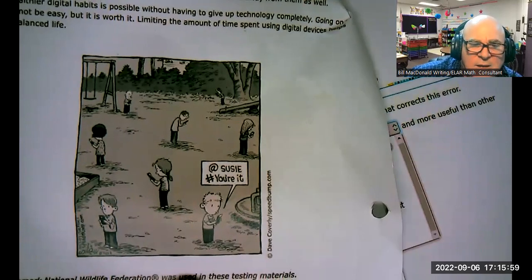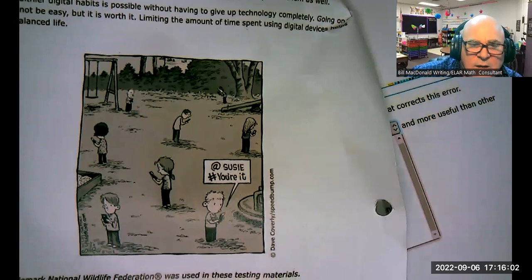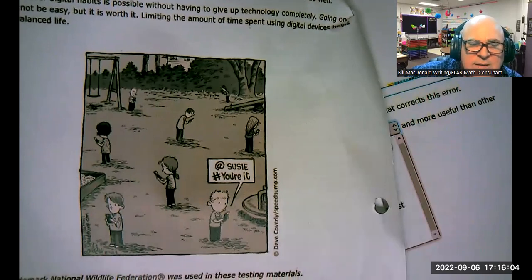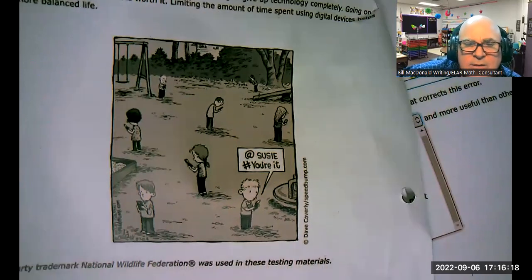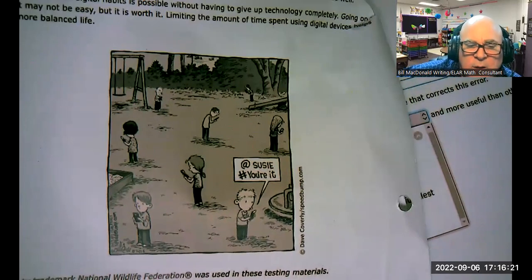There's a bunch of kids, and if you look closely, every single kid is standing at a different location on what looks like a playground. It doesn't make it clear if the playground is at a school or at a park.